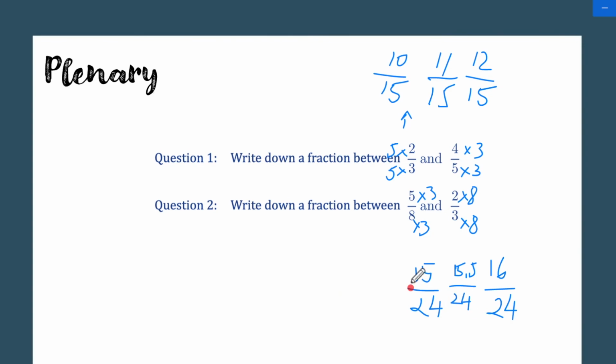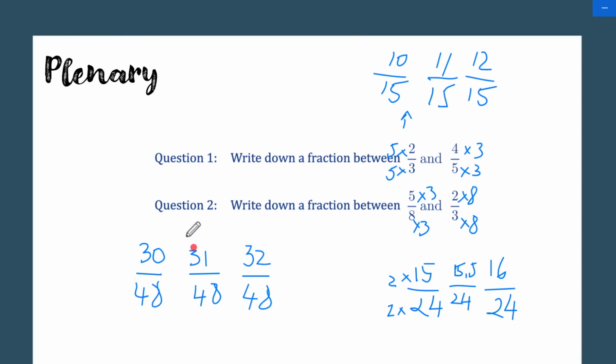But what we could do is double all the fractions. So the first one, we can times by 2 here and everywhere. First one would be 30 over 48. The next one would be 31 over 48, and the next one would be 32 over 48, and this is our fraction.